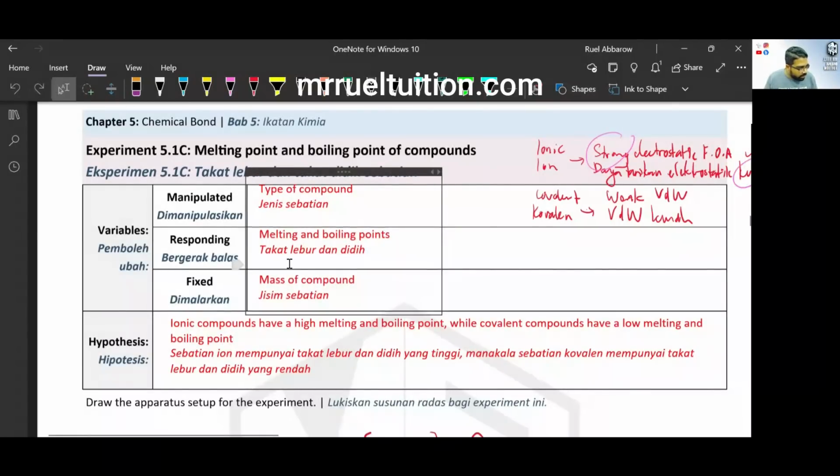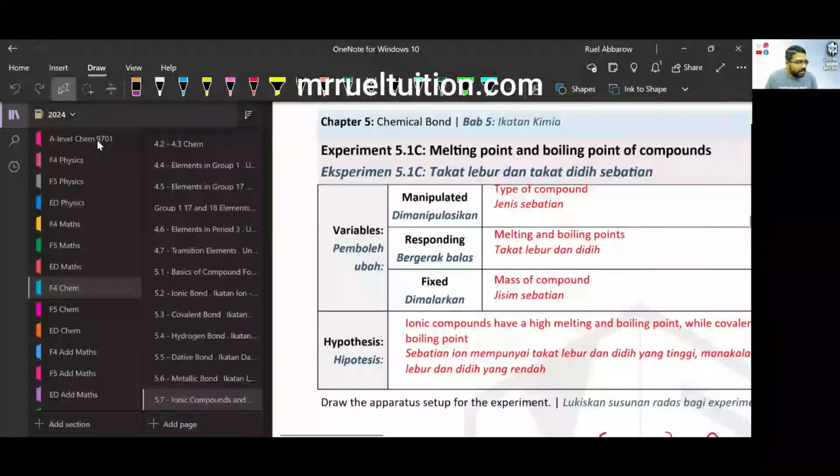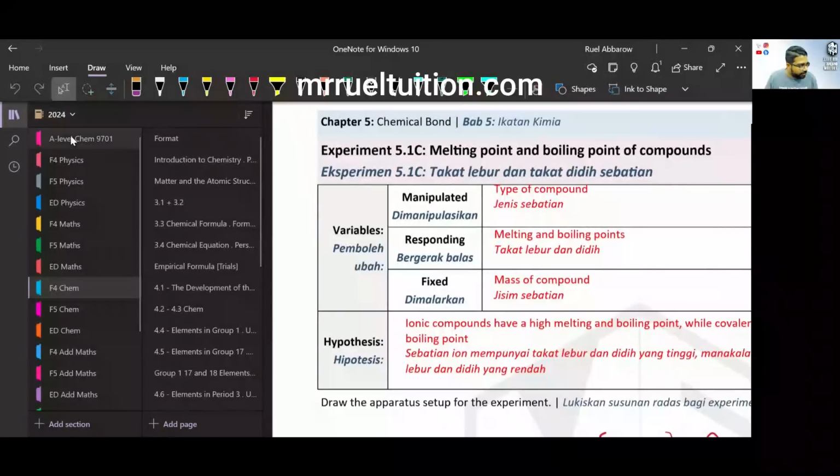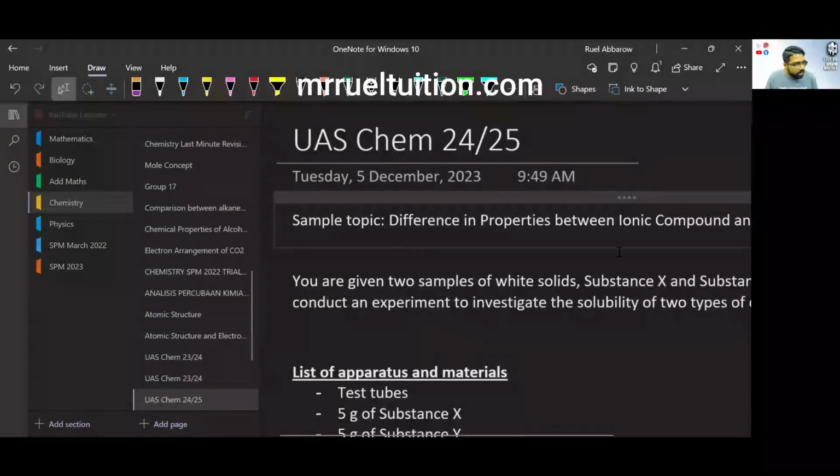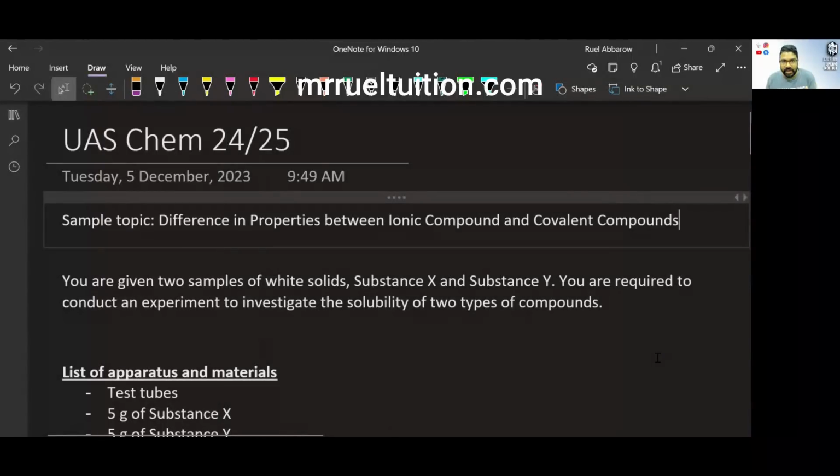Okay. So now here, I want to stress, please don't take this as your magic card. Don't use this as a prediction. Don't rely solely on this. Please be prepared to answer any topic. Don't panic if the topic doesn't come out.